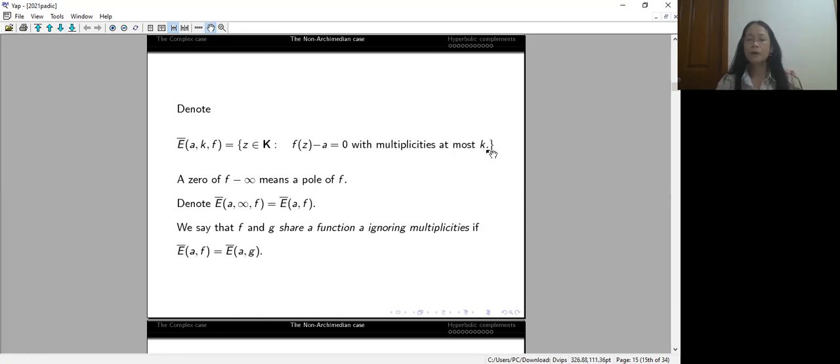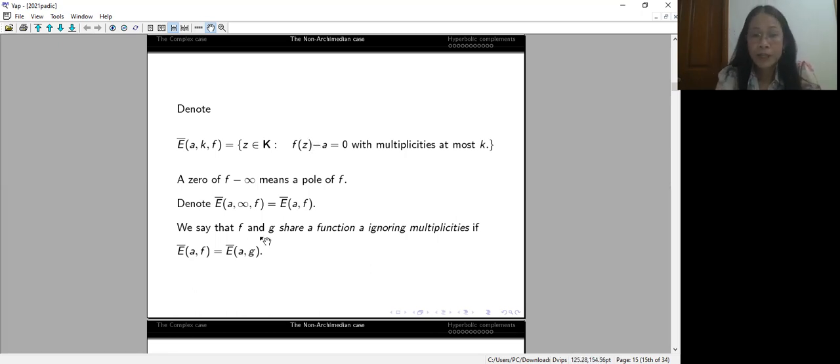So here we don't need to count all of the zeros. We only take the zeros such that the multiplicity is at most k. So when k is infinity, we take all of the zeros of f minus a equal to 0. And when a is infinity, that means we consider the poles.